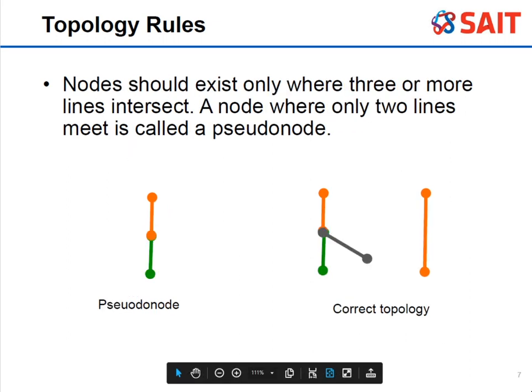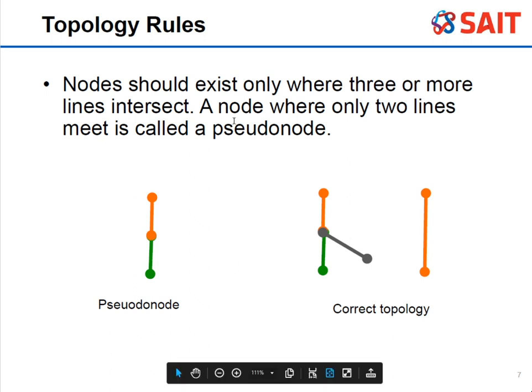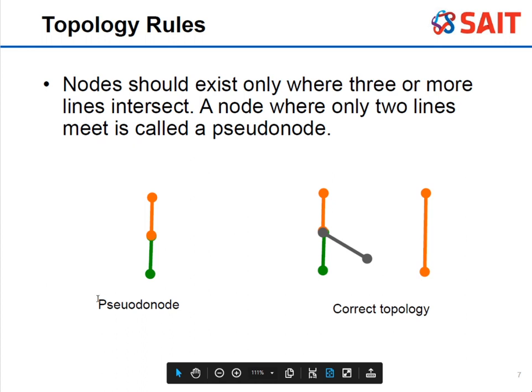Then nodes themselves should only exist where 3 or more lines exist. We have a pseudo node if we have 2 points that connect here. Students have asked me in the past, why 3? Because we have nodes that go all the way around, like a polygon, for example, and it may not have 3 lines.